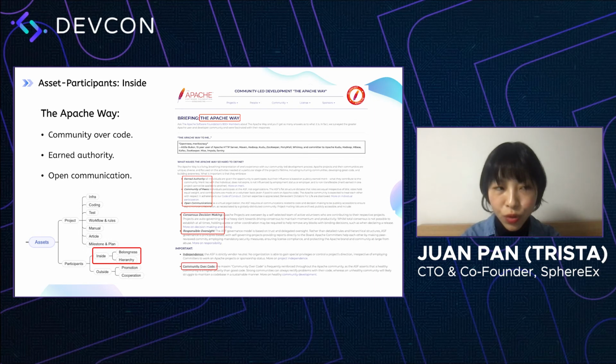But if you want to become a committer, you really need to make a lot of effort and spend a lot of time in this community. Then the PMC, the Project Management Committee, will vote for this contributor to become a committer of the project.